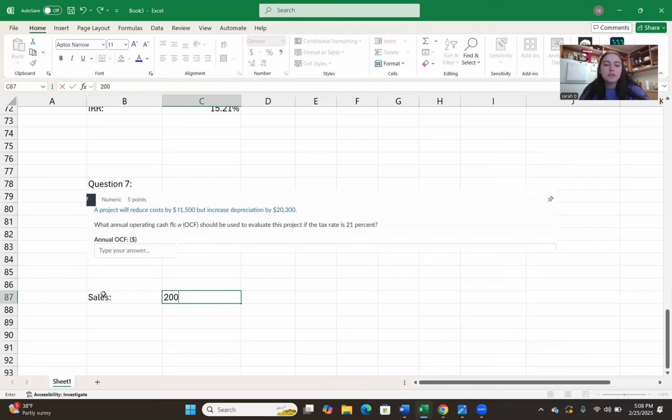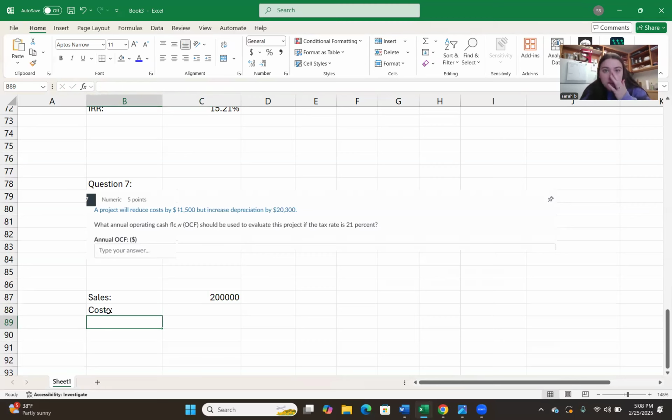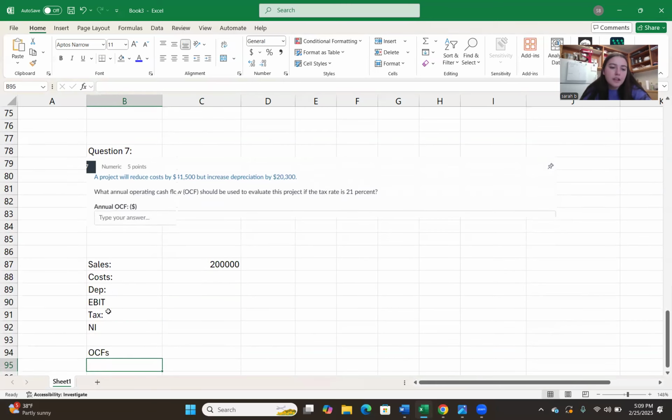So let's say we've got 200,000. We've got variable costs. Well, let's just call this costs. Let's keep it as simple as possible. Depreciation, EBIT, tax, net income, OCFs. Okay, so I'm just going to make up these numbers.